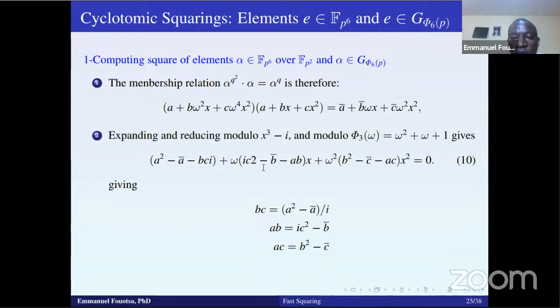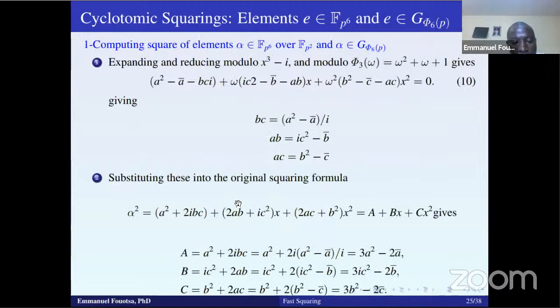and after simplification we get relation 10, which shows that the product BC can simply be expressed in terms of the basis elements, the squares A squared, B, C squared, and B squared.